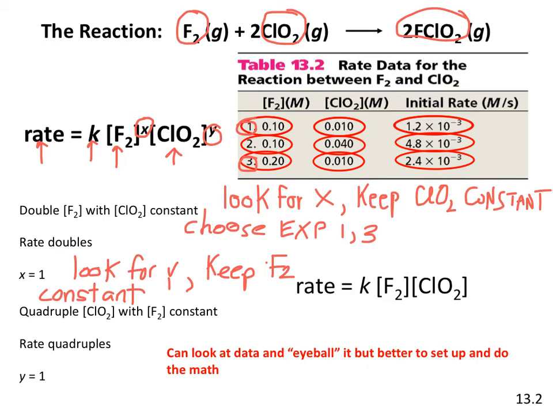So if F2 is constant but ClO2 is changing, then we're going to choose experiments 2 and 1.